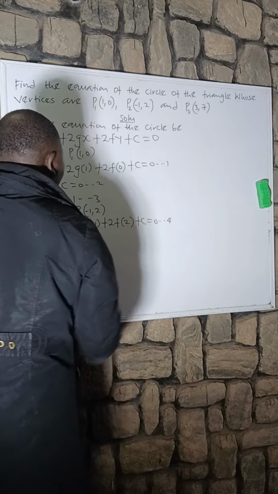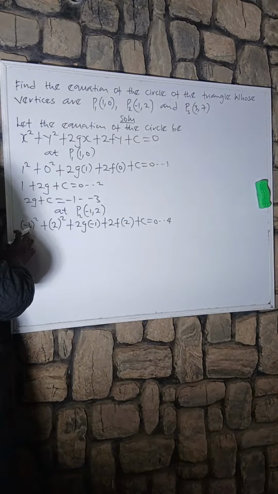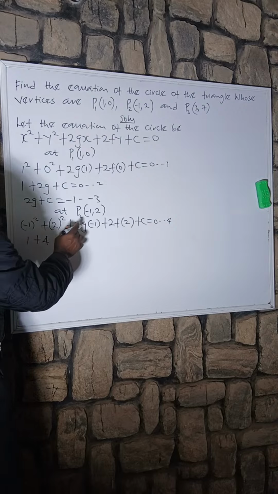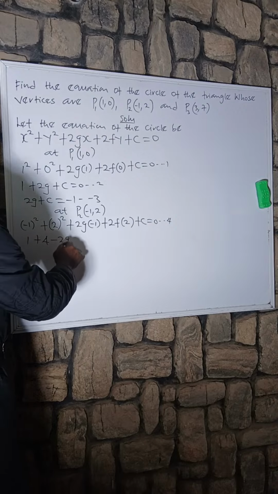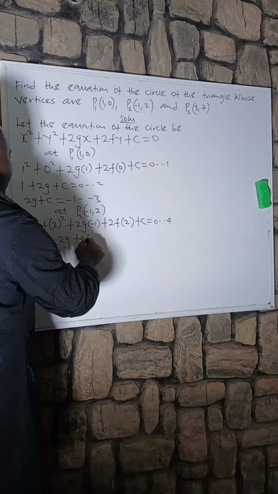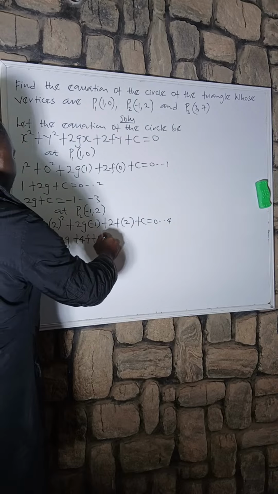This is equation 4. Then here is plus 1, here is plus 4 minus 2g plus 4f, then plus c equals to 0.